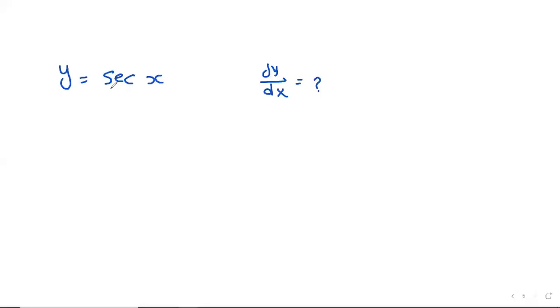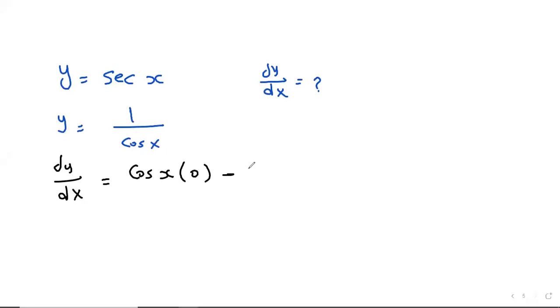If y is equal to sec x, find dy over dx. We can write, instead of sec x, 1 over cosine x, then apply the quotient rule. dy over dx is equal to the denominator cosine x multiplied by the derivative of the top, it's 0, minus the top, 1.